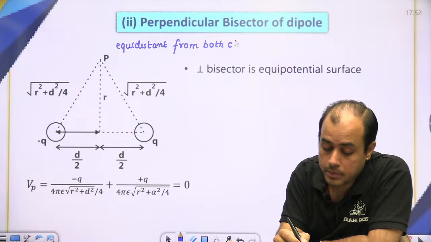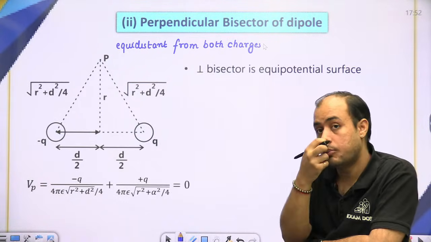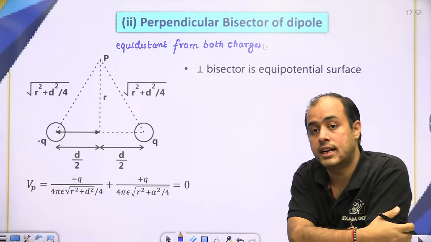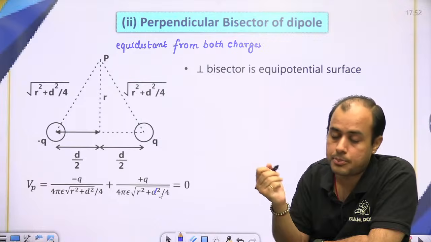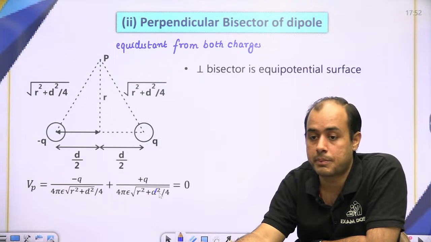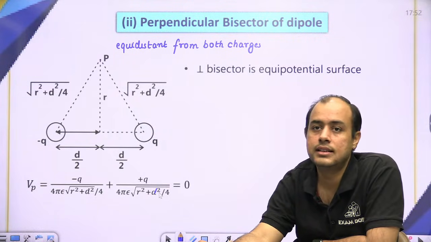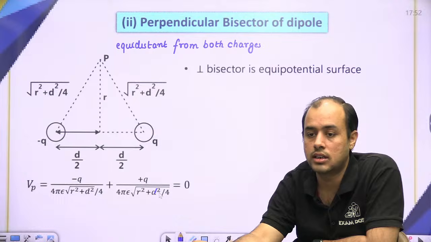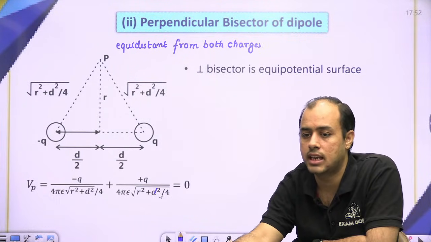Net potential will be 0. दोनों चार्ज की वजह से पोटेंशियल बराबर और एक दूसरे का नेगेटिव आएगा तो 0 आएगा, so it will act like an equipotential surface. तो ये जो बीच में से जाने वाला परपेंडिकुलर बाइसेक्टर है वो इक्विपोटेंशियल सरफेस होगा.